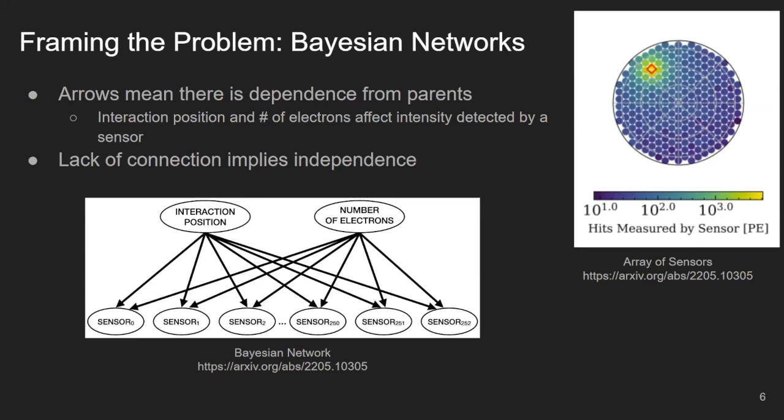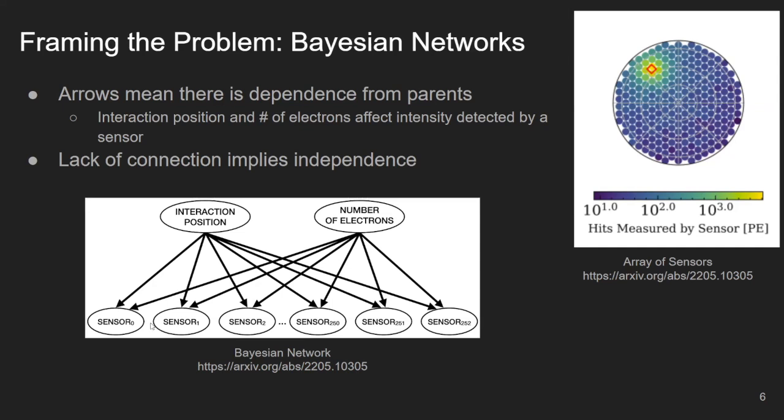Bayesian networks are what we're using to do positional reconstruction. A Bayesian network is a probabilistic graphical model that models conditional dependencies. So right now, our Bayesian network implies that the number of electrons a sensor is detecting is dependent on interaction position in the tank and the number of electrons emitted from the interaction, which is true, but there are edges missing between the sensors.